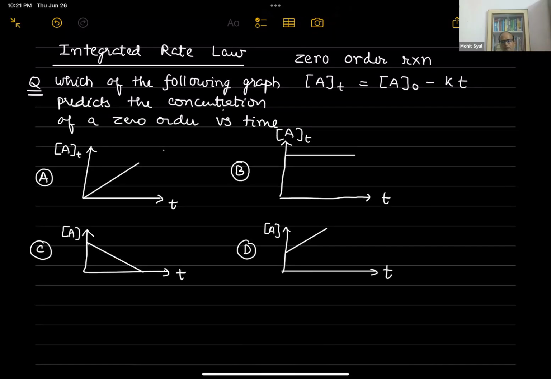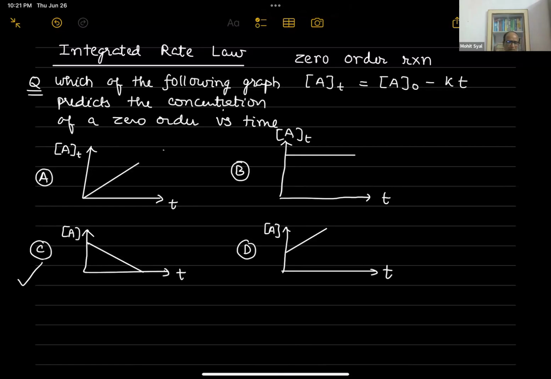Yes, sir, it has to be a decreasing slope, so it's C. You don't have to get into the detail of the options. Every time you don't have to get into the solving of each and every option.